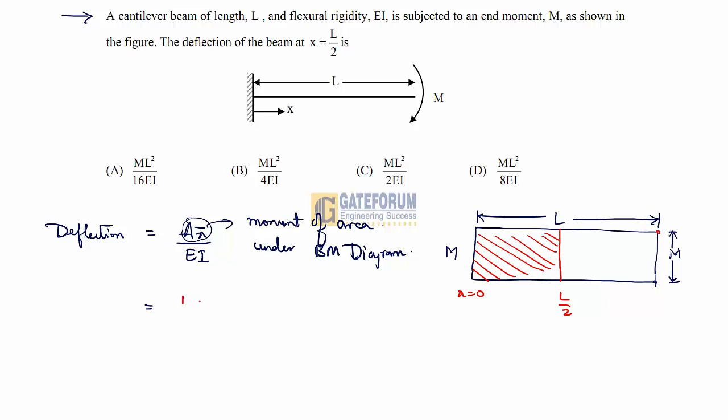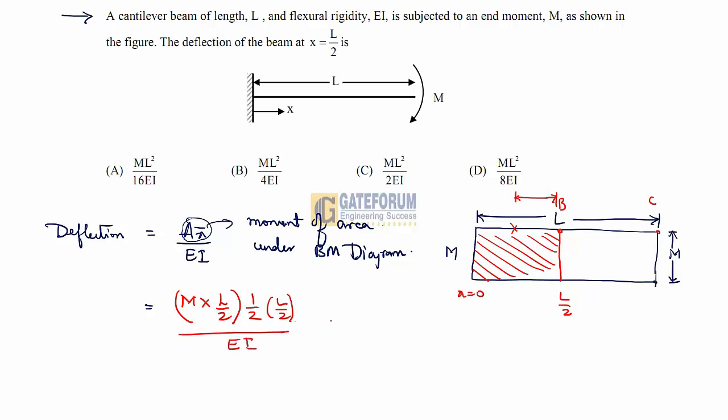Area will be M into L by 2. If we are calculating the deflection at the free end, we need to mark the distance from the free end. Here we are measuring the distance from point B. From B the centroid is half of L by 2, all divided by EI.